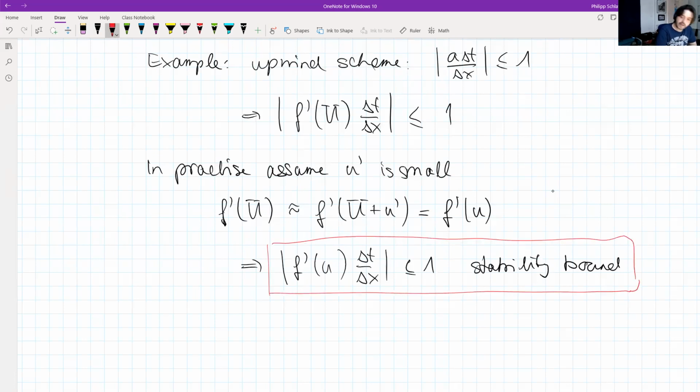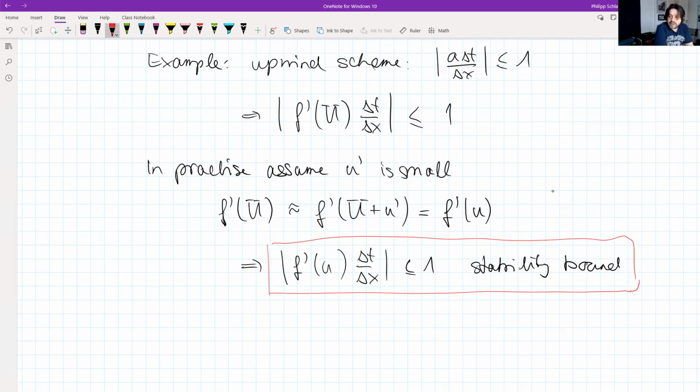So essentially what I did is I started with a linearization of the flow, and up to the point that I had a linear advection equation, I did the stability analysis of the advection equation, and then instead of taking the base state, the constant speed, I put back in the actual solution, so the f prime of u of my current solution, and that's what I'm using as the stability bound.